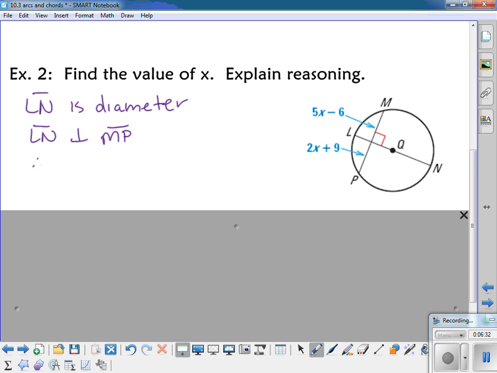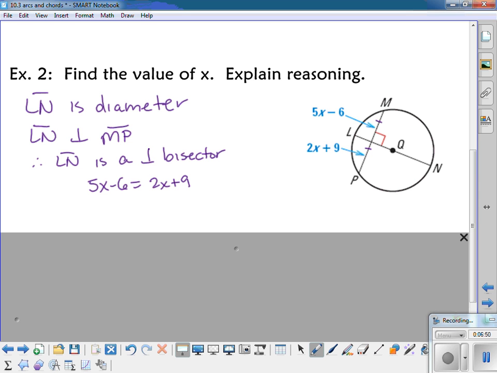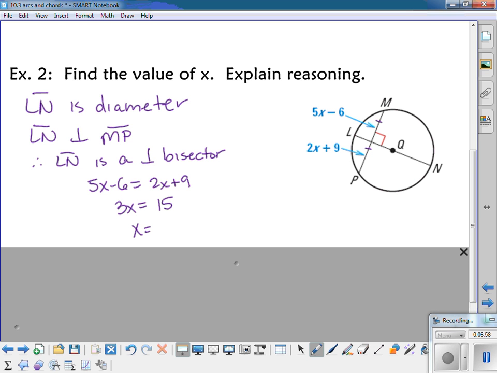So that means that LN is a perpendicular bisector, and so these two would be congruent to each other. So 5x minus 6 would have to equal 2x plus 9, and then you just solve for x. So we get that 3x is equal to 15, and so x equals 5.